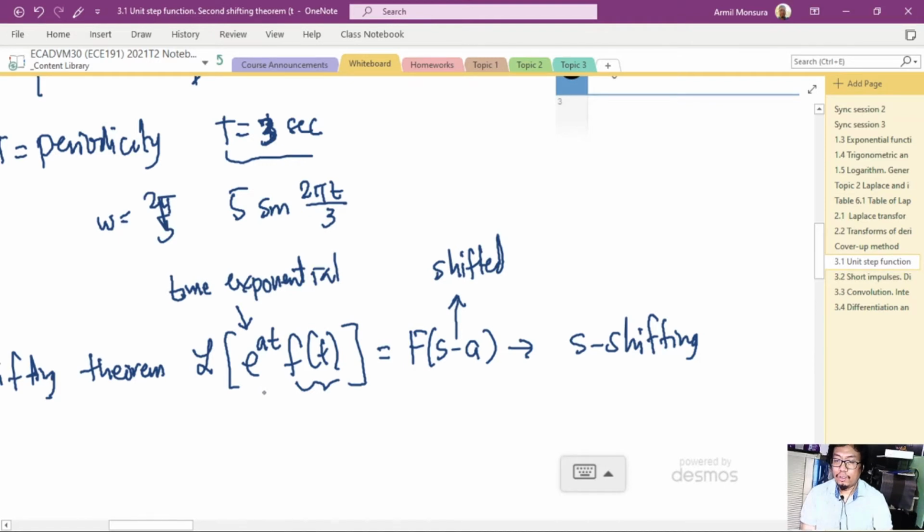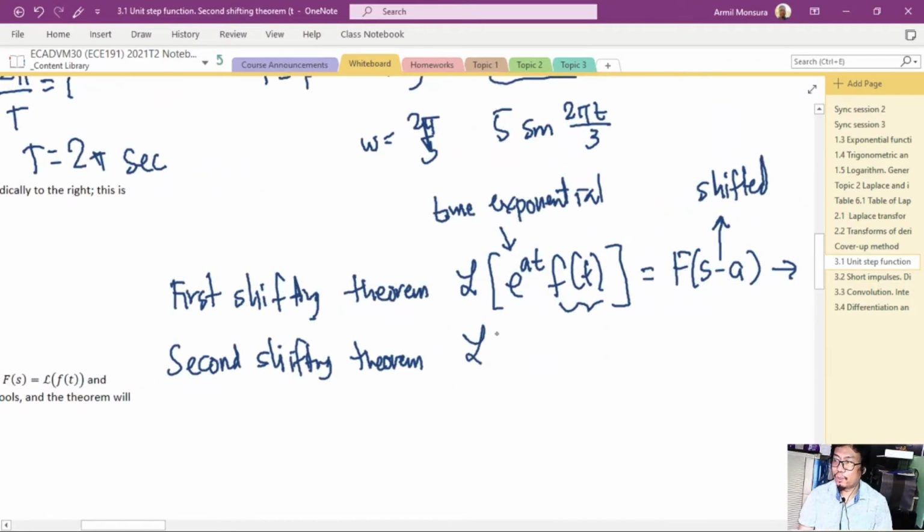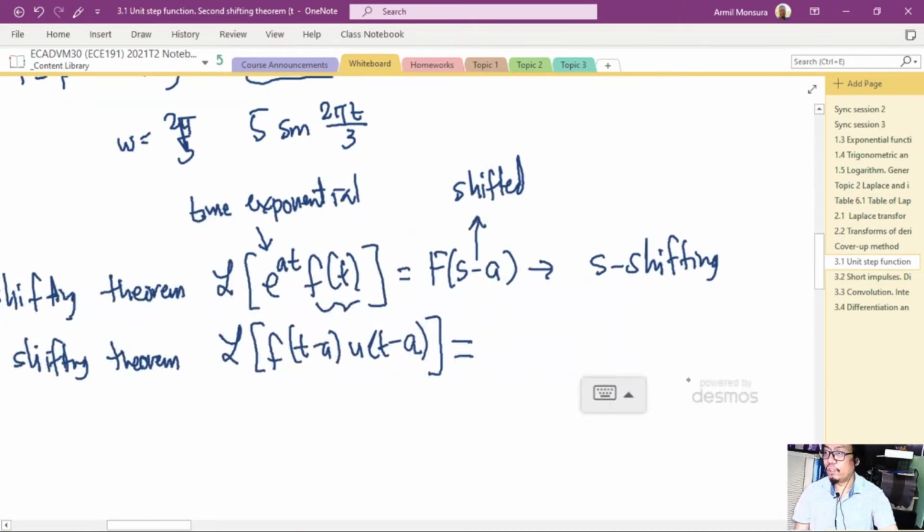Now, as we move on to the second shifting theorem, it would be stated in the following manner: if you're taking the Laplace transform of f of t minus a multiplied by u of t minus a, that is equal to e raised to negative as times F of s.